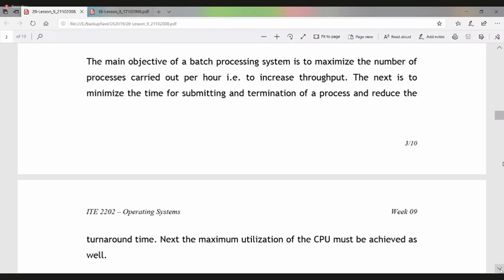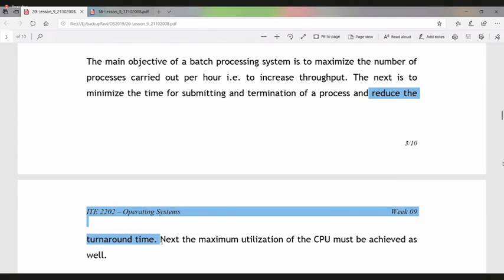So batch processing, we submit it as a batch to reduce loading and unloading time. That total time is called turnaround time. So one goal is to reduce the turnaround time.